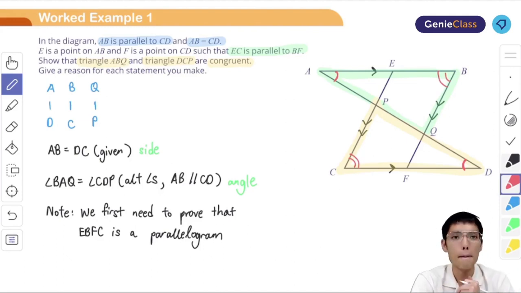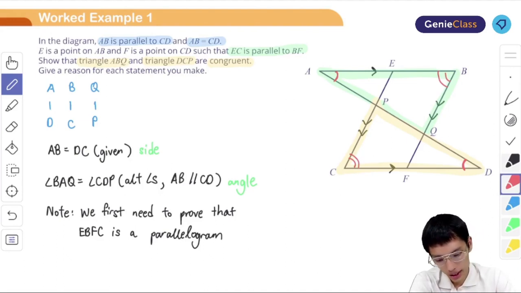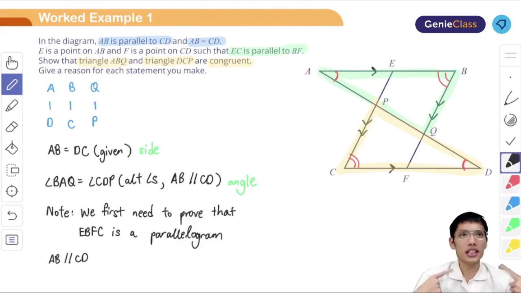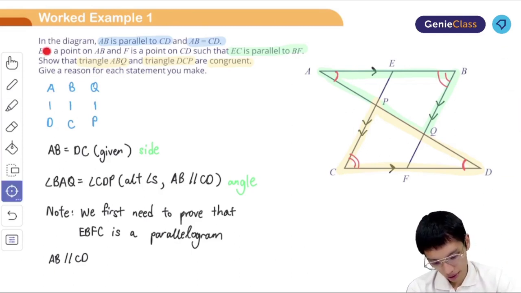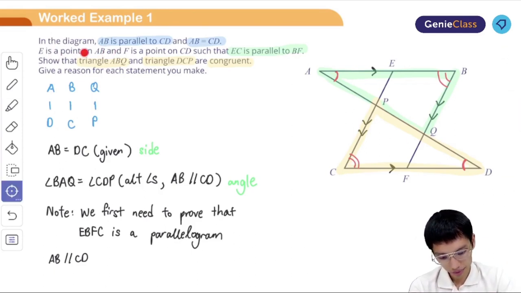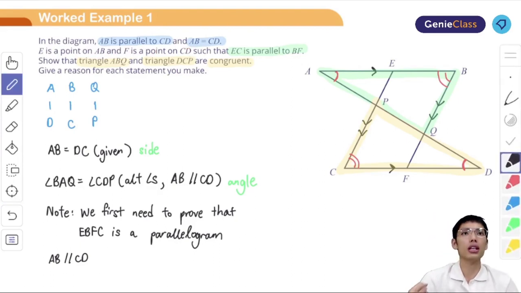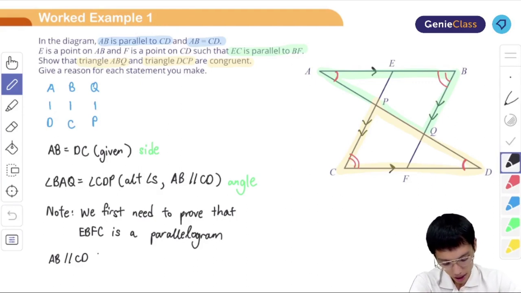First step, we know that in this case, AB is parallel to CD. Since E is a point on AB and F is a point on CD, it will be clear that EB is parallel to CF.